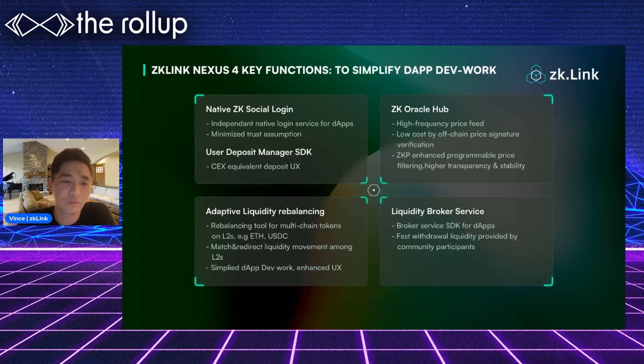And the reason we're building this and not directly integrating a third-party service is because we want to minimize the trust assumption for this service. For example, if we want to use Web3 authentication from a third-party service provider like Particle Network or Web3Auth, then they still store the shards of the private keys of their users on their own service, which is not ideal.